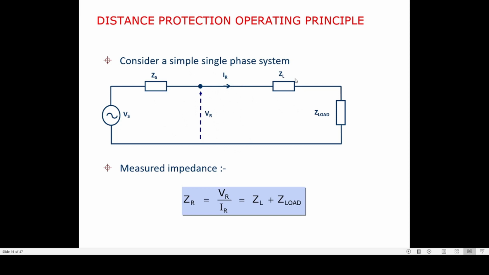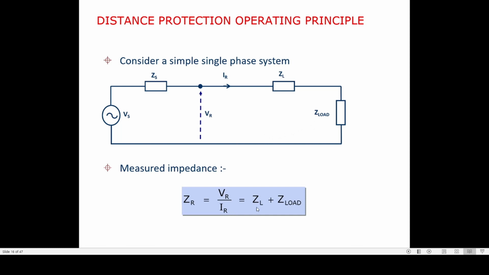Then this impedance ZL indicates the impedance of the transmission line, and Z load is the impedance of the load. Now if you calculate the total impedance measured by the relay at this relaying point, it will be the voltage measured, VR, divided by the current measured by the relay, IR. So VR divided by IR, and if you apply simple network theory, VR is simply IR times (ZL plus Z load).